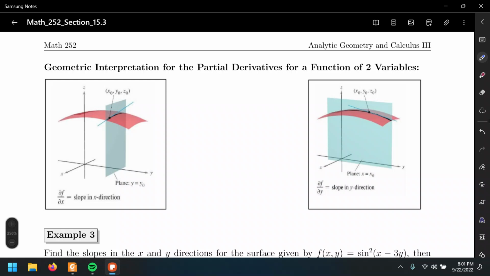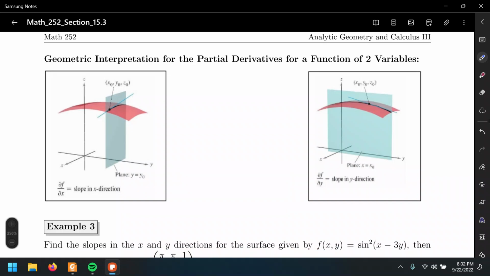The derivative is the slope of the tangent line at a given point. As long as, of course, the function is differentiable at that point, you know, all those conditions, it's continuous, all that.